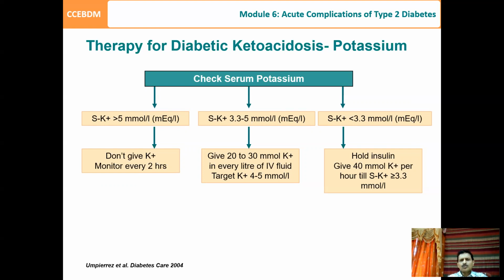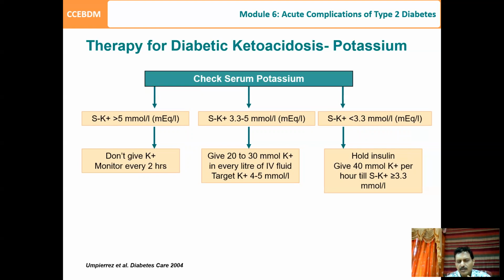The common dose is to give 20 to 40 millimole of potassium per liter of fluid. So in a 500 ml bottle, we give 1 ampoule of potassium, and as we run the fluid, the potassium also enters the body.